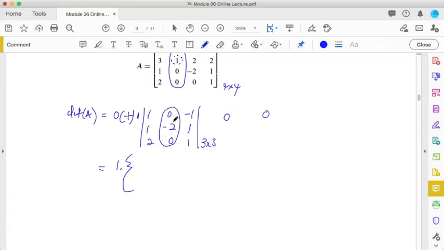For column 2, the 0 and 0 we just ignore, so we choose -2. If you choose -2, it leaves you with a 2 by 2 matrix. Okay, so the 2 by 2 matrix will consist of this matrix, and the rest will be 0 because you have zero coefficients.